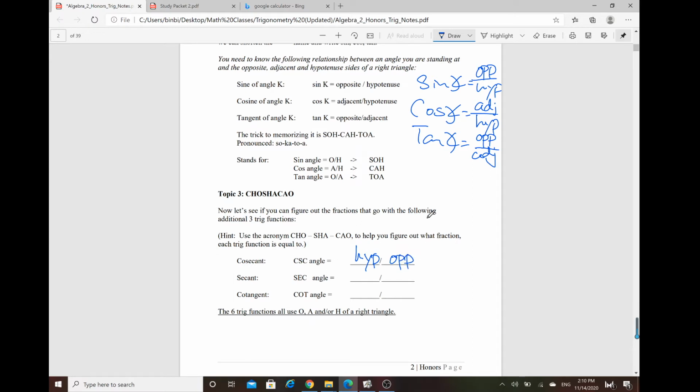Basically, you just reverse the order of opposite and hypotenuse. The reciprocal of cosine is secant of that base angle, which is hypotenuse over adjacent. And cotangent of the angle is the reciprocal of tangent, which is adjacent over opposite.